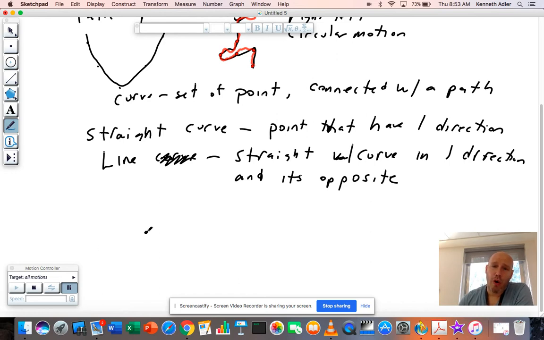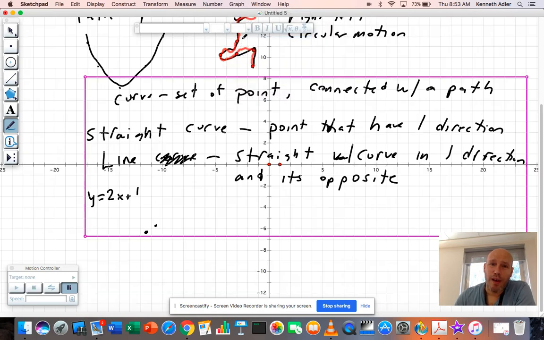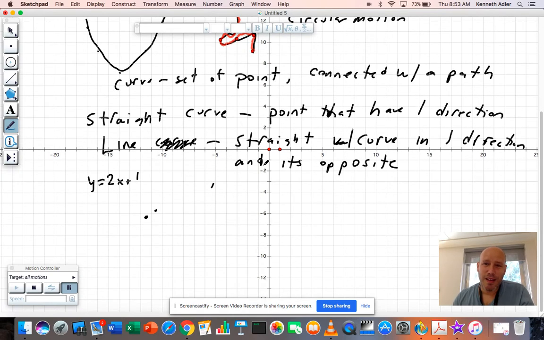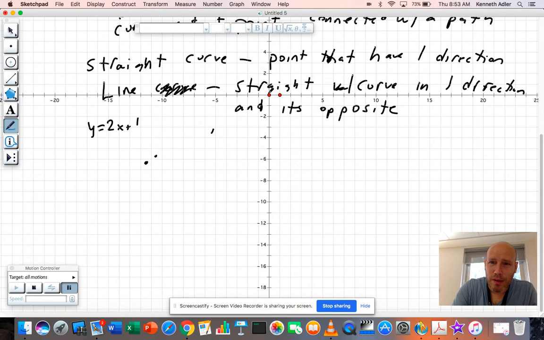So we start here. You remember last year when you were plotting a line and you'd start with the y-intercept and you'd go up, y equals 2x plus 1, right? Let's go to graph. Let's show the grid. Can I move this? Yeah, hold on one second.